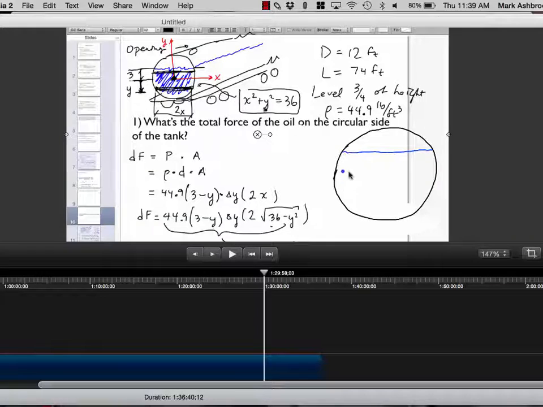So 3 feet from the center diameter, 3 feet from the top. So the radius is 6. Another convenient way to set this up for doing pressure is to put your origin, like what we've done before, right there, and I'm going to make positive y down.